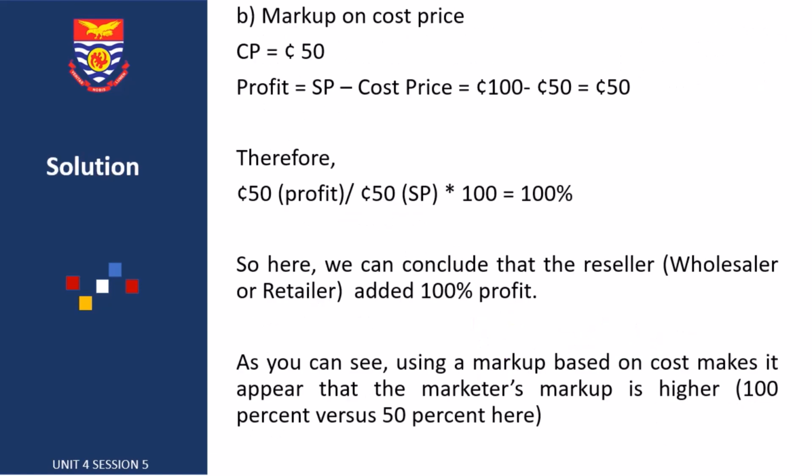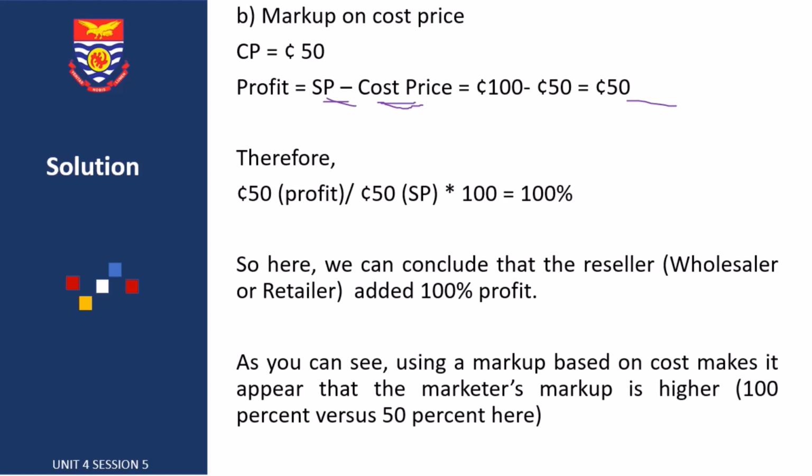We all know that the cost price was 50 cedis, and the profit element, which is selling price minus cost price, was 100 minus 50, meaning that the profit element was 50.